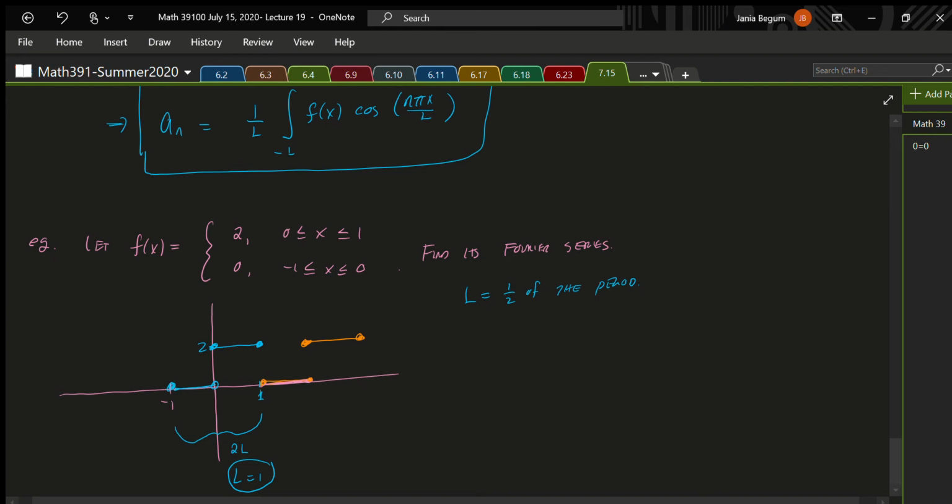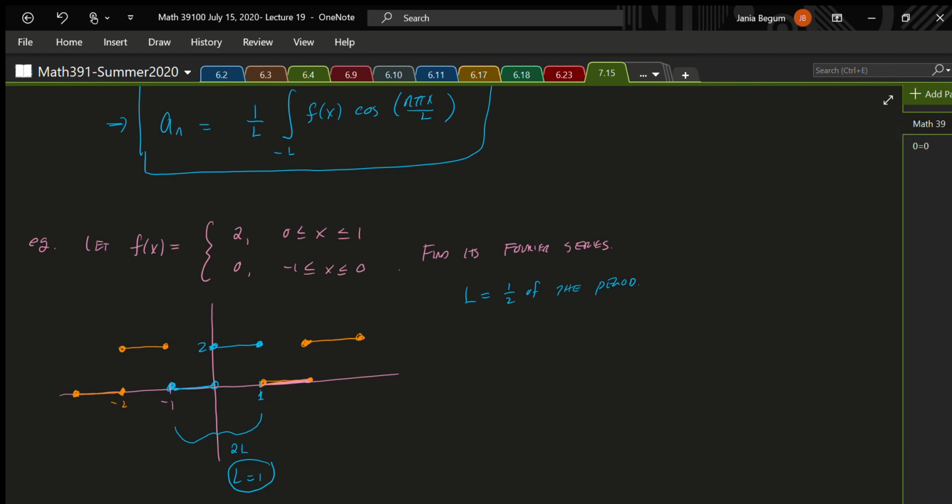So I'm just replicating this picture for more periods. So we have 1 period, we're going to extend it to more periods of this. So we have another one on this side, so that's -2, and then just repeat. So that's the picture if you just extend it for a couple more periods. So I extended to 3 periods.